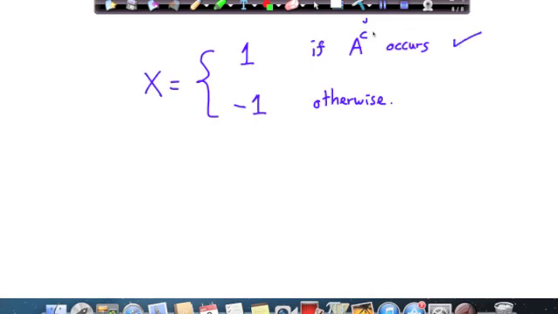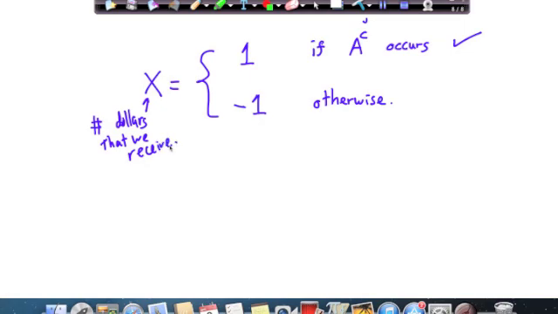So in the first case, we'll receive $1. Otherwise, we will pay him $1. So X will be -1, because X is always the number of dollars that we receive in this game.